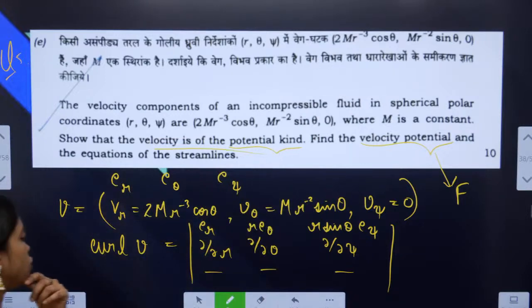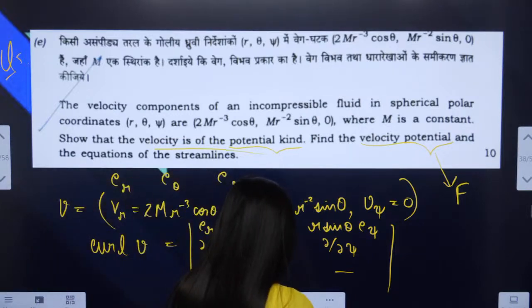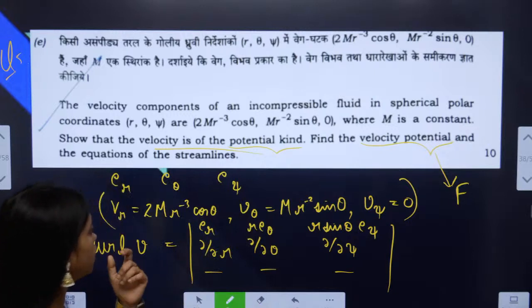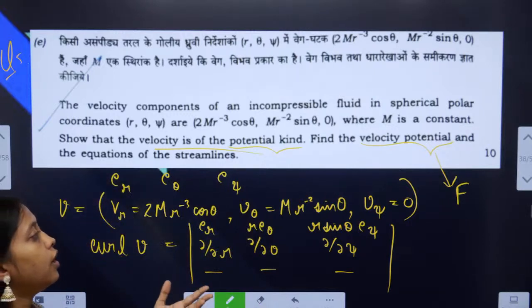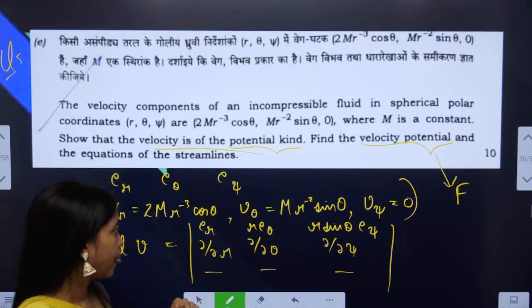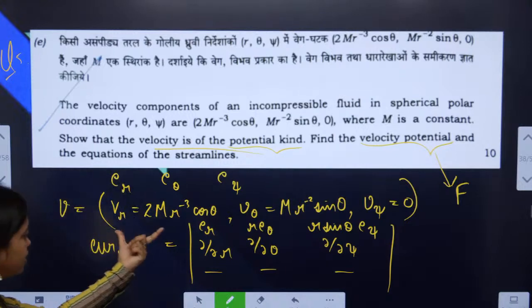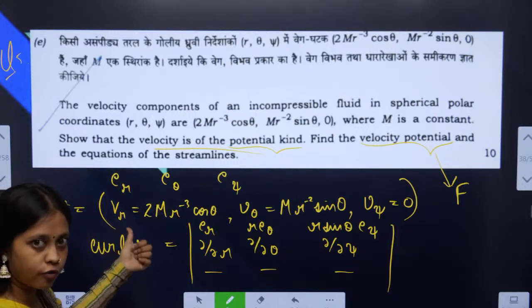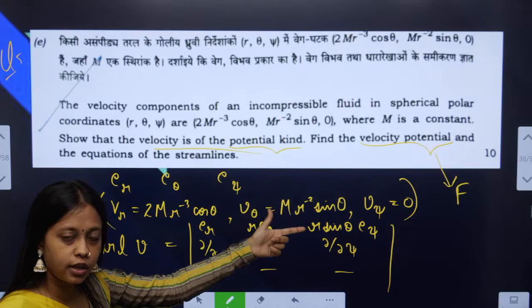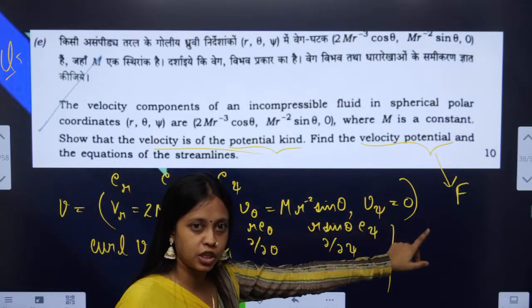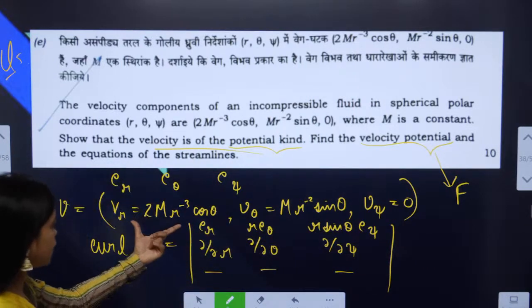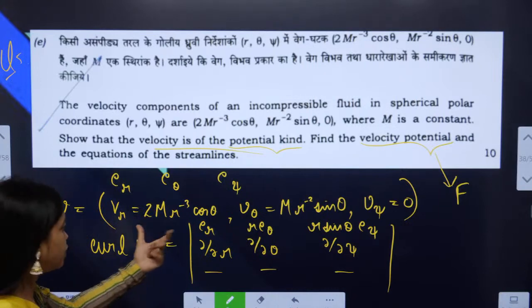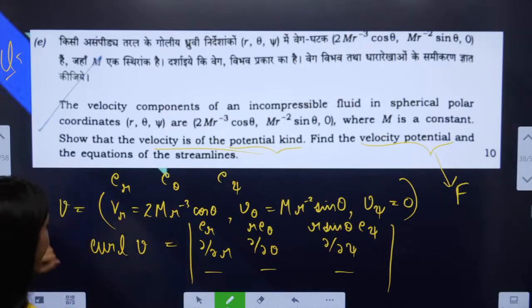Second, find the velocity potential. How to do that? Use your equations. What are these? The components of your velocity. You have to find the velocity potential. If velocity potential is capital F, what is this first expression? Let me write it.